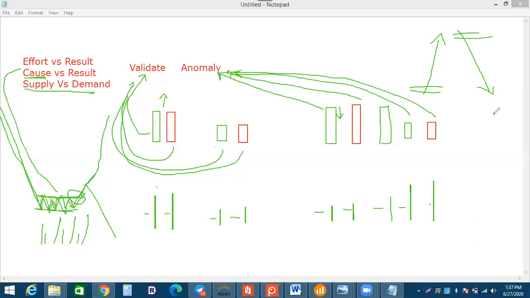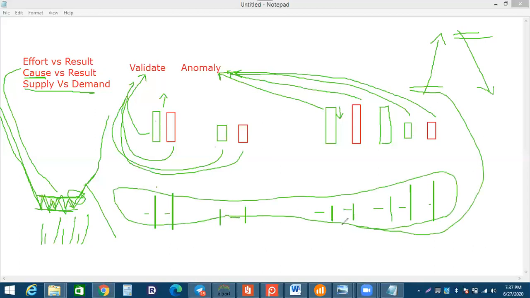We must understand in each wave, in each chart movement, whether supply is high or demand is high. How can we understand this? We will understand supply and demand with the help of the volume bars. These volume bars give us all the information about whether demand is increasing or supply is increasing.